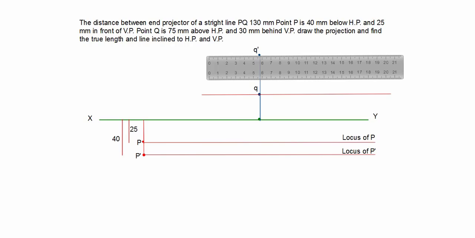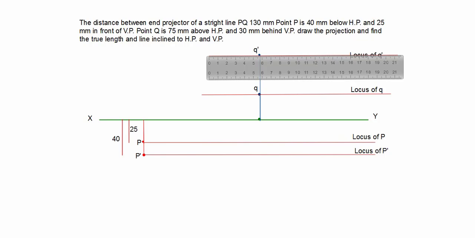So you have to write locus of Q plan point, and similarly you can show your locus of Q dash. Q dash is our elevation locus. The same rules here. Whichever point you get on locus of Q dash, all are the elevation points.